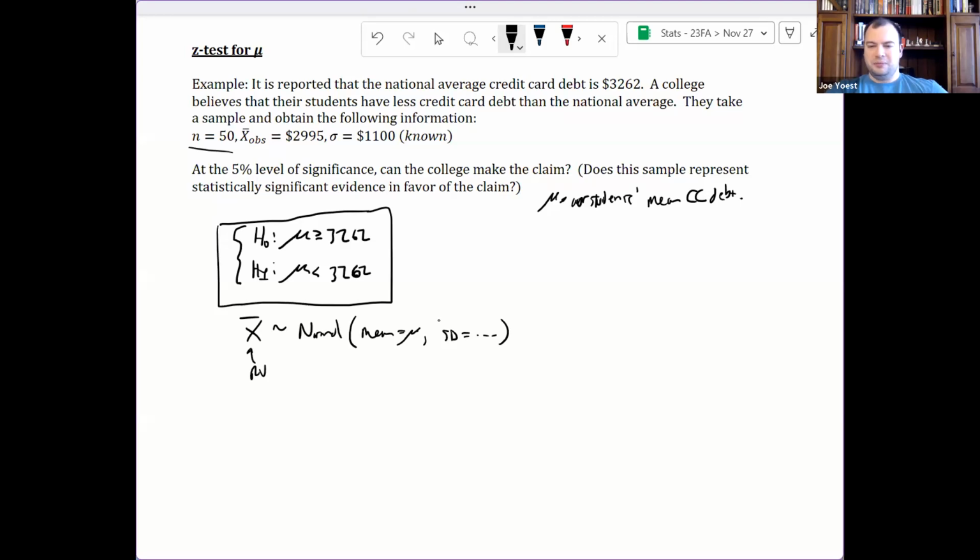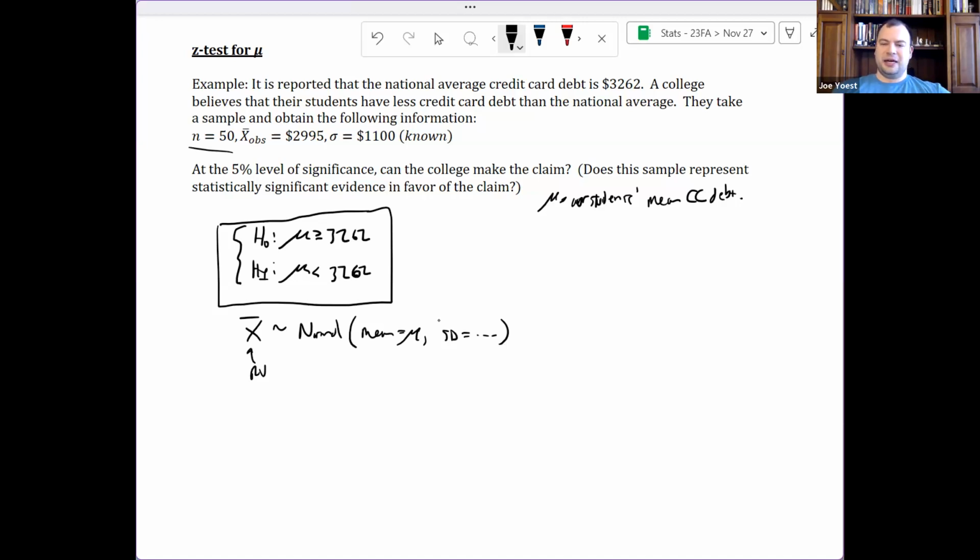The mean is going to be mu, and the standard deviation is going to be something. And I really want to use my central limit theorem to figure out what the probabilities of certain types of errors and so on are.